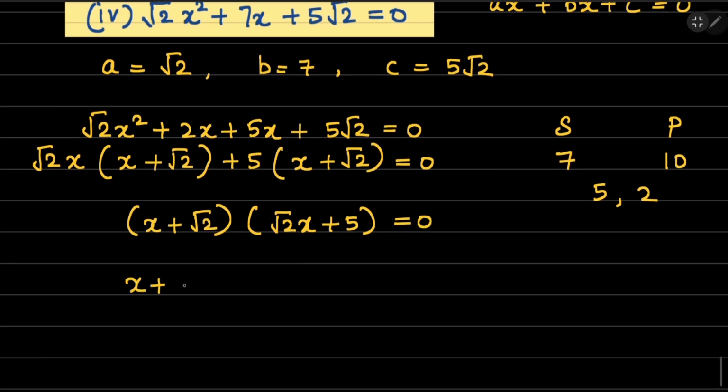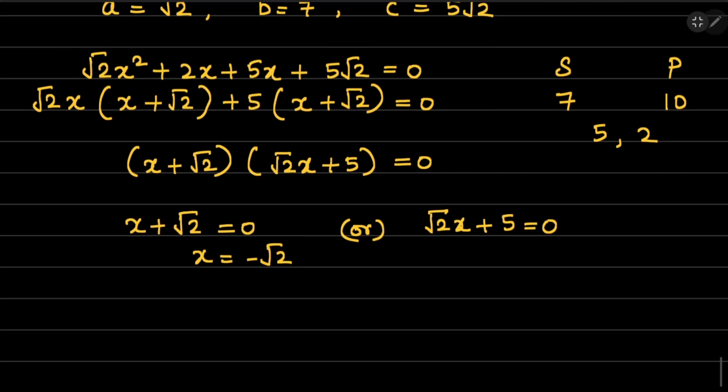So either x plus root 2 equal to 0, which means x is equal to minus root 2, or root 2 x plus 5 equal to 0, which means root 2 x is nothing but minus 5 and x is nothing but minus 5 by root 2.